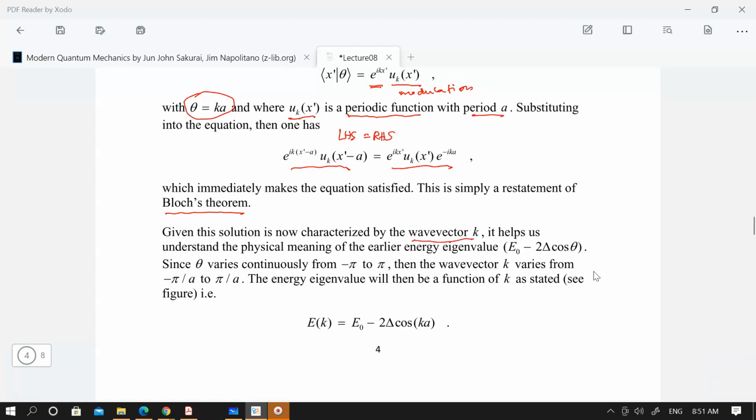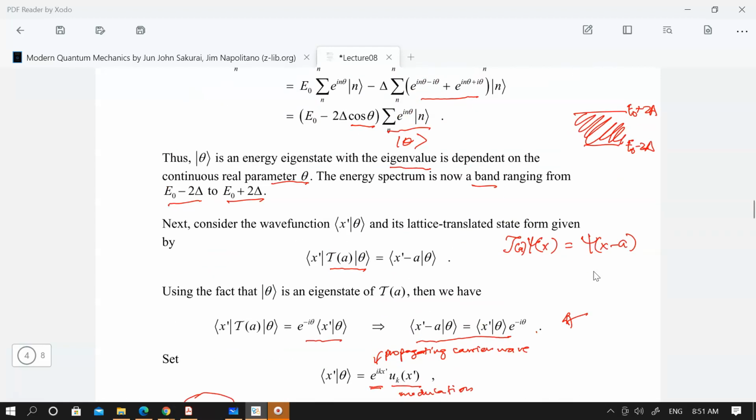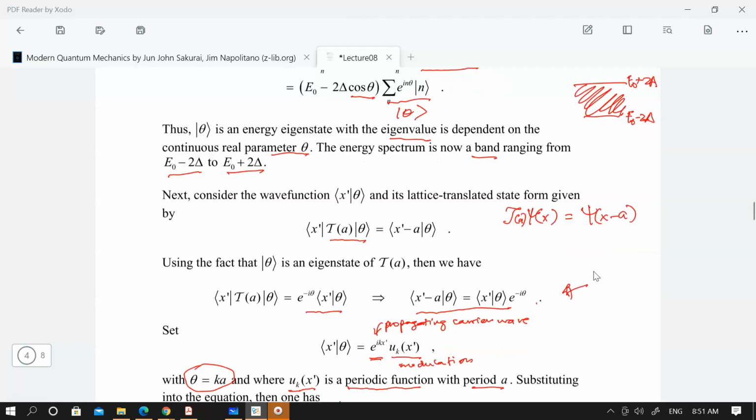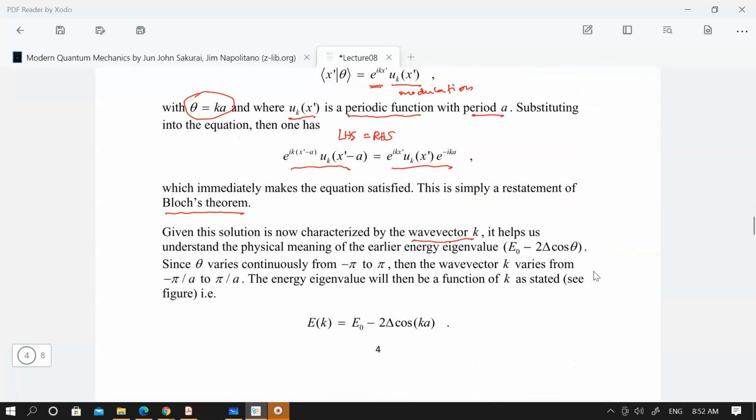And because of that, since you have this condition that we had earlier on the eigenvalues, you'll find that your eigenvalues are also going to be parameterized by this particular value of k through this cos theta.